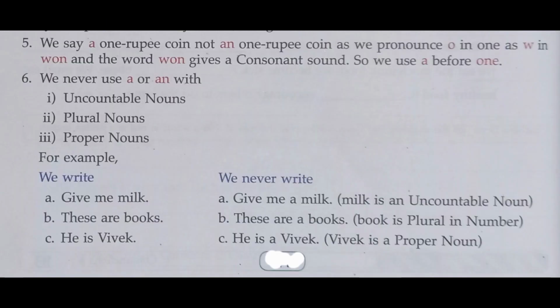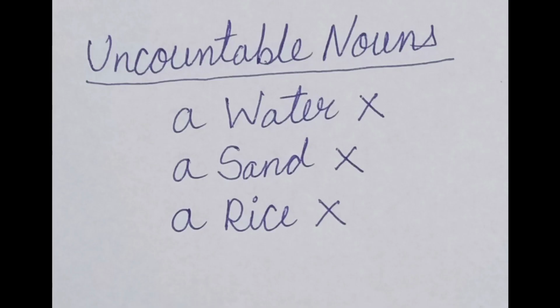Next, we never use a or an with uncountable nouns, plural nouns, and proper nouns. As we read in the beginning, the articles a and an are used with singular countable nouns. So when we use a or an before a singular countable noun, it represents the number one.